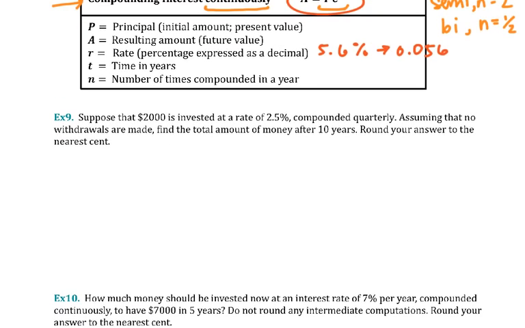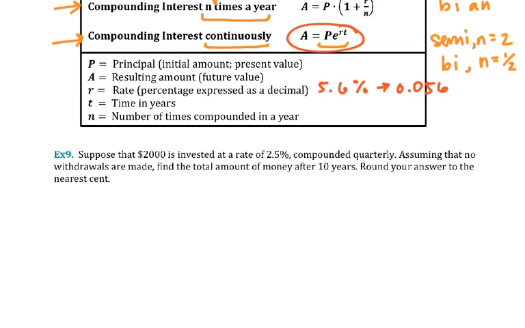So our first example here, example 9: suppose that $2,000 is invested at a rate of 2.25% compounded quarterly. Assuming that no withdrawals are made, we're going to find the amount of money in the account after 10 years, and we'll round our answer to the nearest cent.